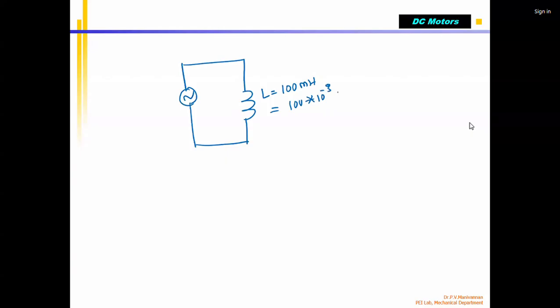So this is for DC voltage. Now, what if in the same coil I apply an AC voltage instead of DC voltage? I take the same inductor, L equal to 100 millihenries, which can be represented as 100 into 10 power minus 3 henries. Both are the same. It has a resistance R equal to 10 ohms.